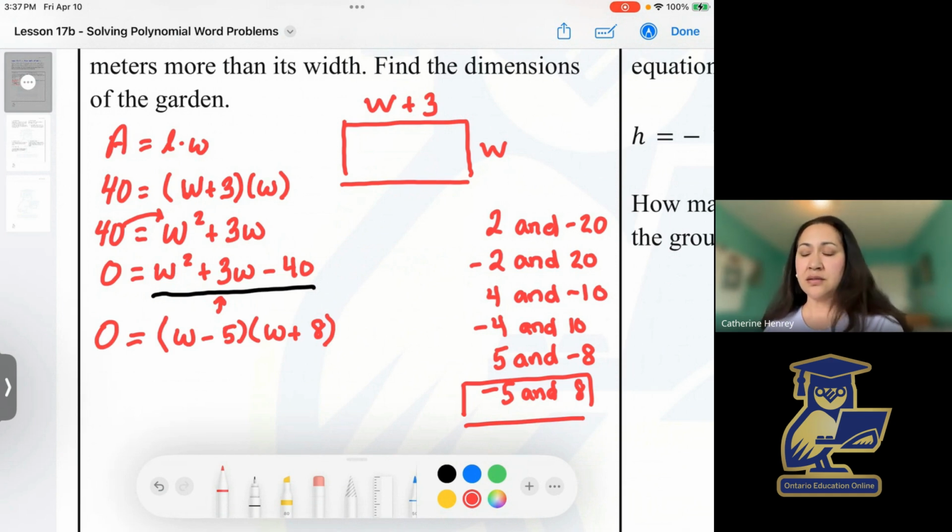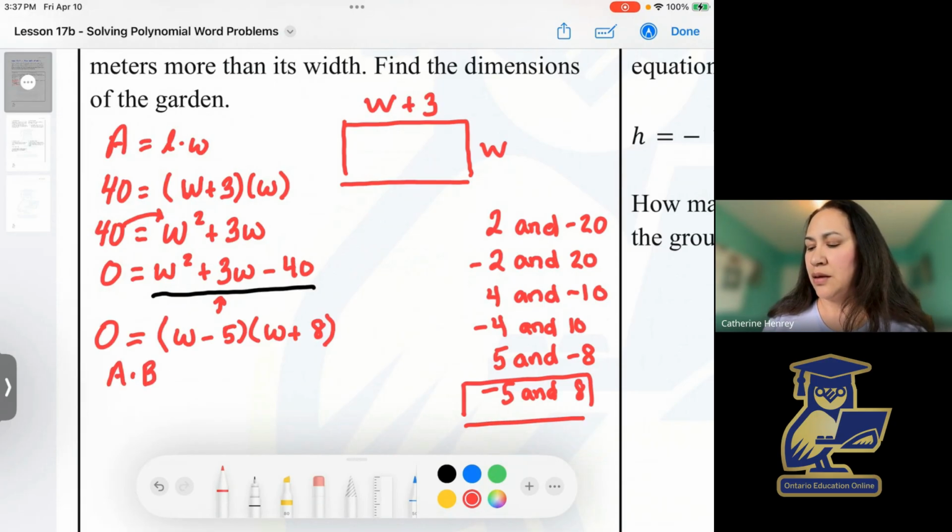Now to solve this, we consider the zero product property, which states that if A times B equals 0, then A could equal 0 or B could equal 0.